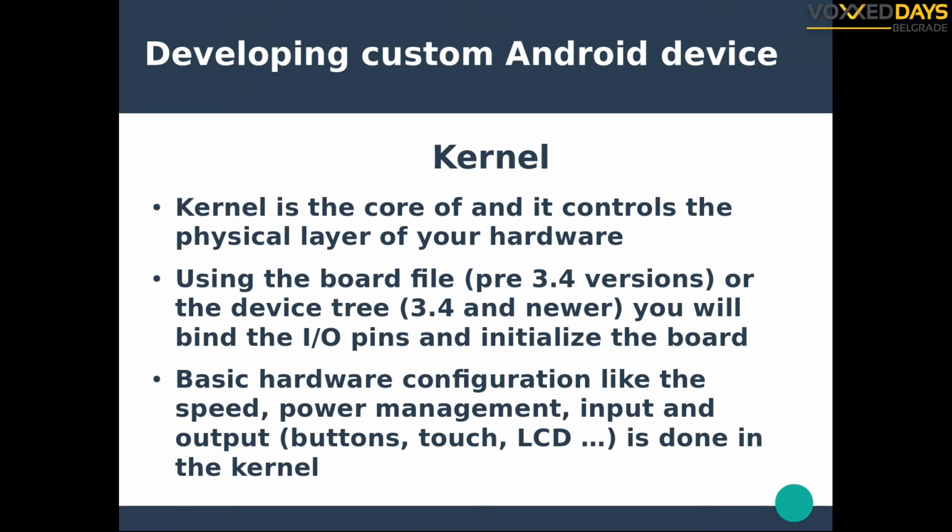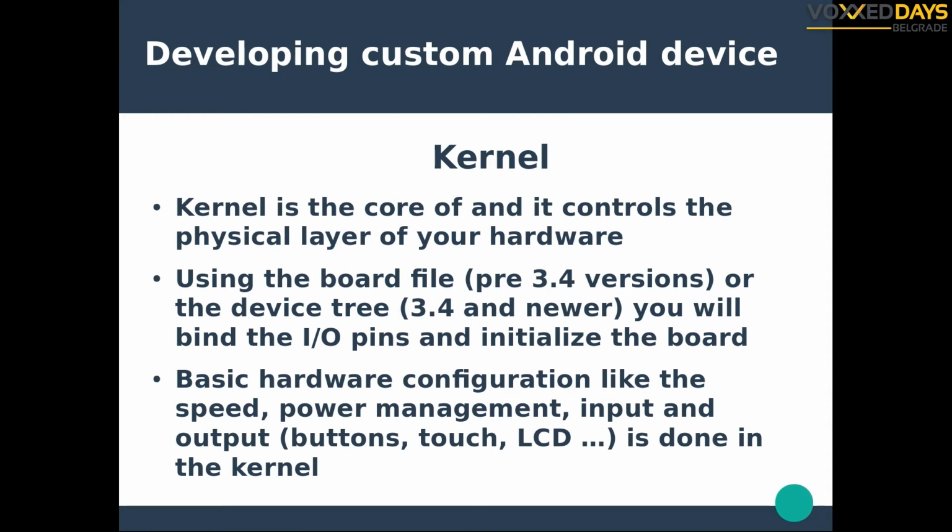All of the physical layer is implemented in the kernel, and for example, Android usually doesn't know about it. So Android is our higher layer, which doesn't know about what happens at the low level, and the kernel is the place for that. So for versions of the kernel before 3.4, they were using the board file for binding, describing all the pins you have.